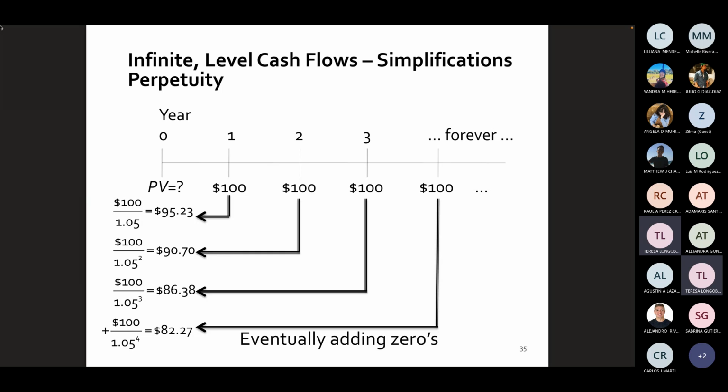If you think about it, $100 discounted to time zero at the end of the first year is really $95.23 today. $100 at the end of the second year is worth $90.70 today. Notice it just goes down, down and down and down.